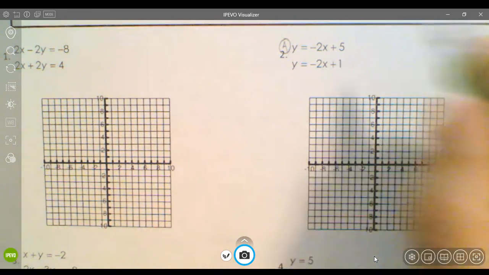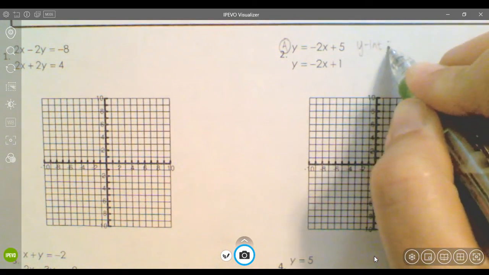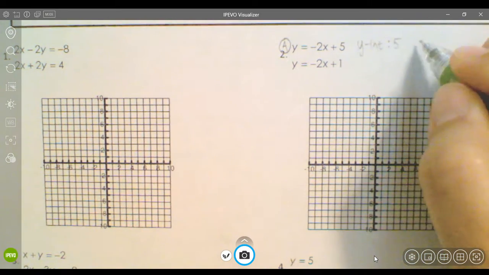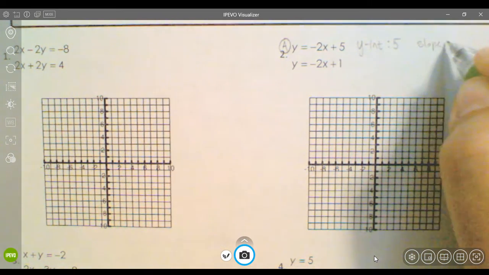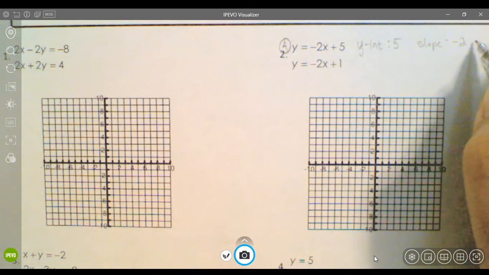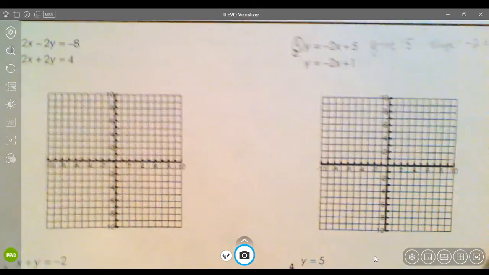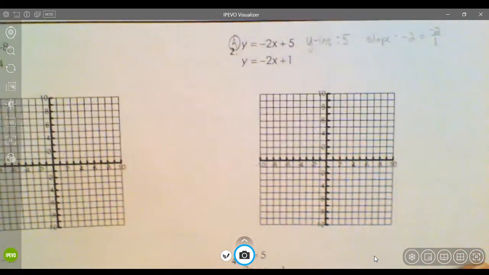So when I look at equation A, my y-intercept will be 5, and my slope will be the number in front of x, -2. But remember, whenever we're dealing with slope, we want to think of that as a fraction. So it's -2/1.